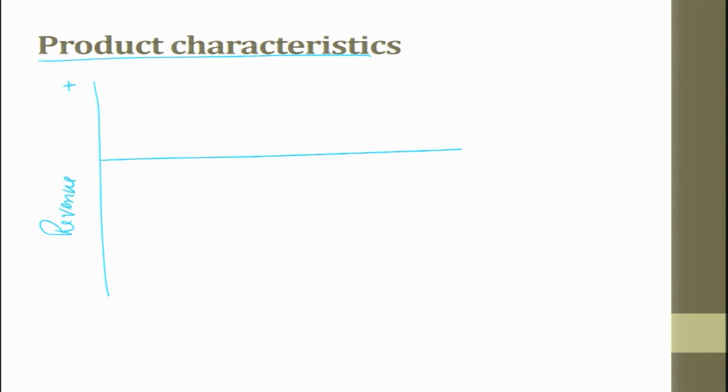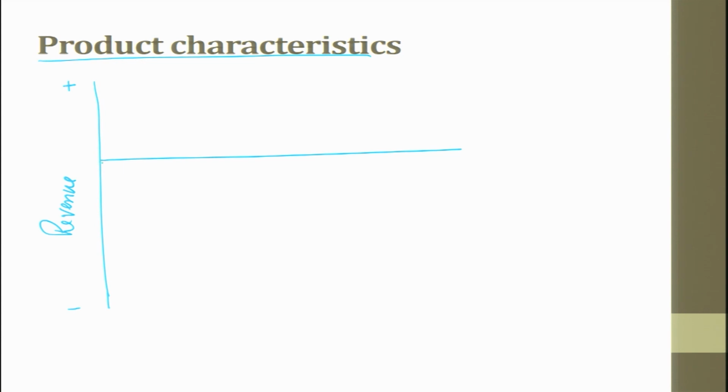So, product characteristics we were discussing. I would like to draw a response or a graph which talks about revenue with respect to product life cycle. So, this is revenue, this is the positive side of the revenue, this is the negative side, that means to say investment, and this is getting back the return from investment.